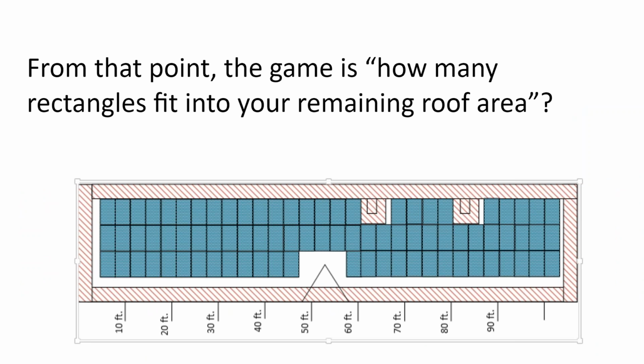And then after this point, we said, well, what we're going to do here is we have a little bit of space left over. Let's shift the whole array over this much and center this panel right above their doorway to make it look a little more square from the ground.